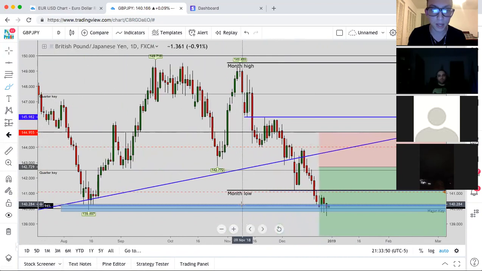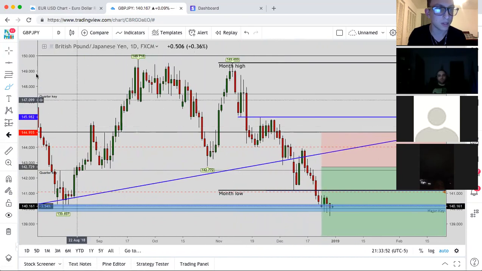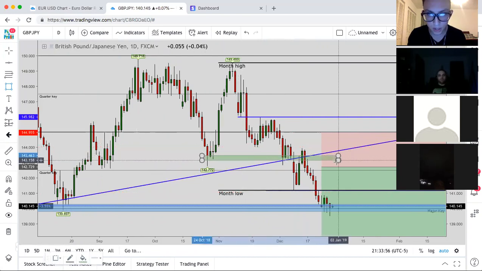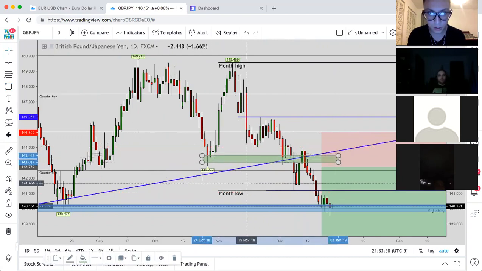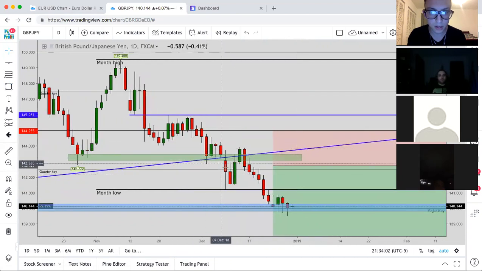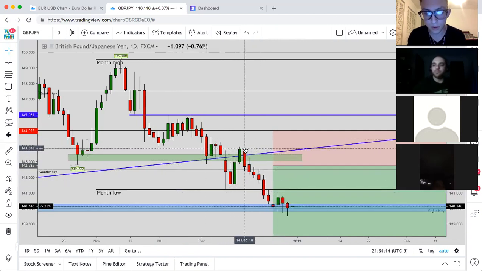So what I mean by a candle closing below this level is, let's draw this level right here. A candle closing below this level would mean something like this candle or this candle, where we see a significant push to the downside. That would give us an indication that price is going to continue going down. We see that we had a pullback after we broke through this level, and then we had another significant candle coming to the downside.